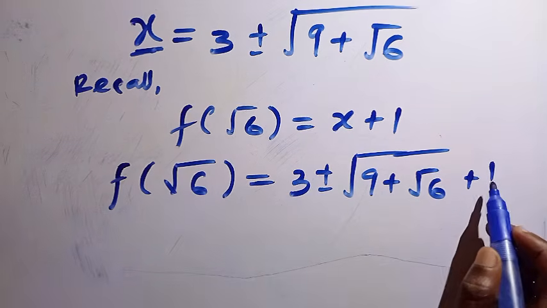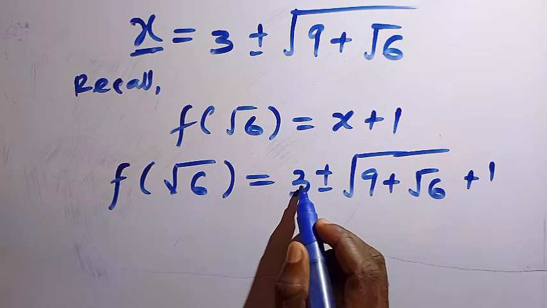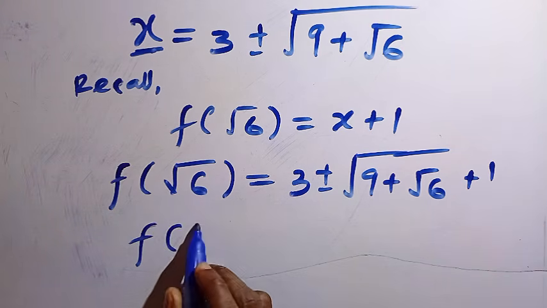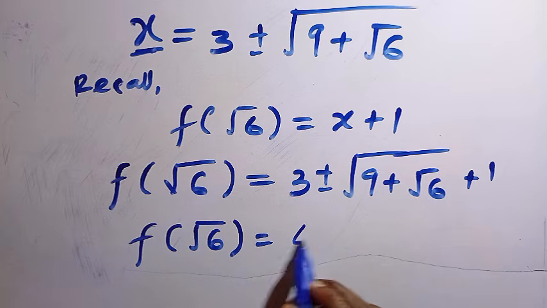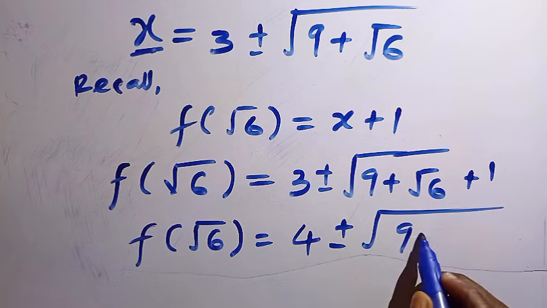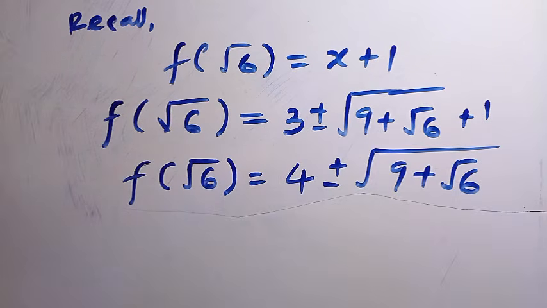So this 1 is outside of this bracket, we can only add this 1 to this 3. So by adding 1 to 3, we have f of square root of 6 equals 3 plus 1 gives us 4, plus or minus the square root of 9 plus square root of 6. This is the answer that we get.